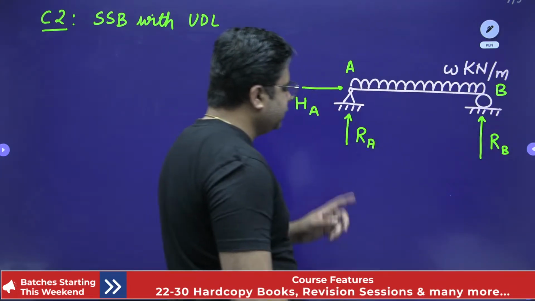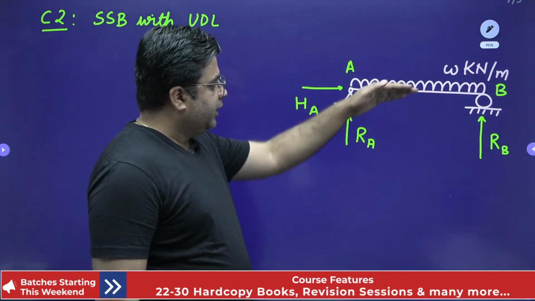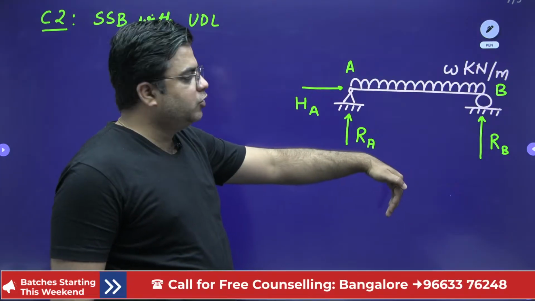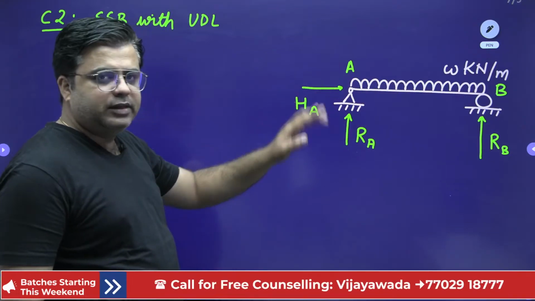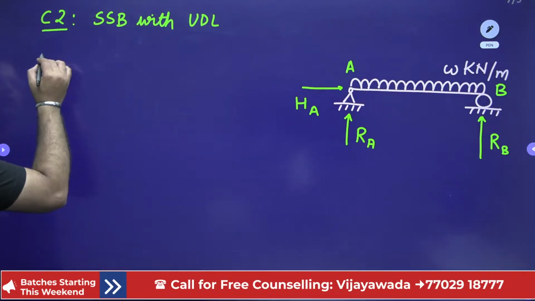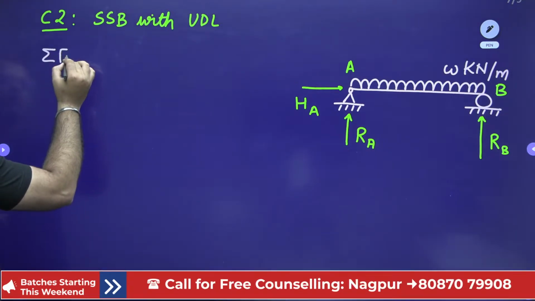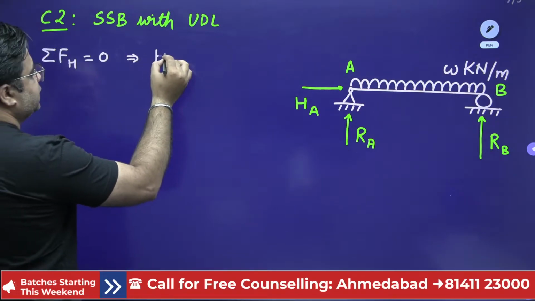The first thing is we need to calculate RA, RB, and HA. This UDL is acting in the vertical direction, so there is no component in the horizontal direction. So the value of HA will be 0. If you take the summation of horizontal forces equal to 0, from here you will get HA equal to 0.